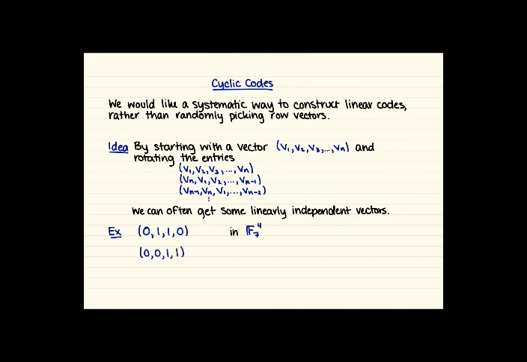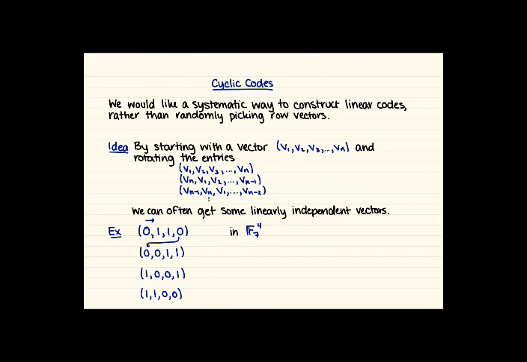All we're doing is shifting everything one place to the right and then wrapping around, so this 0 ends up in the first place. And then keep doing that to generate more vectors. So we've got 1, 0, 0, 1, and 1, 1, 0, 0. And if we do this again, we're going to end up back where we started.